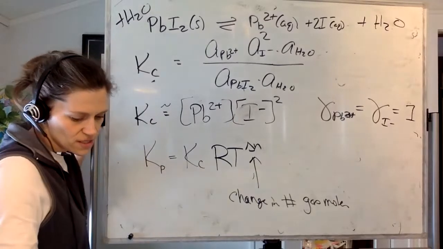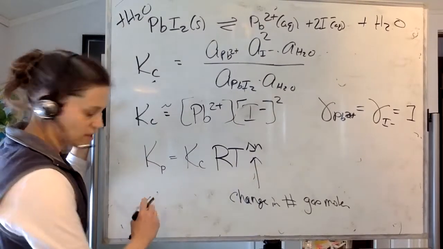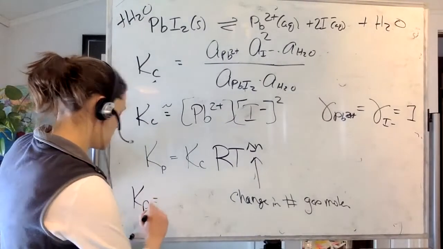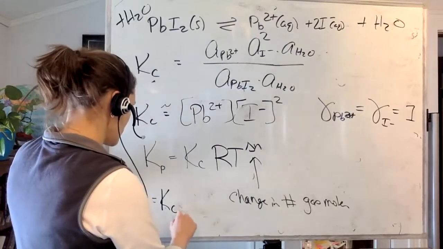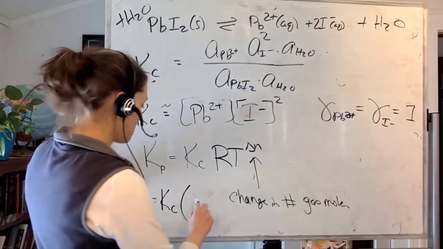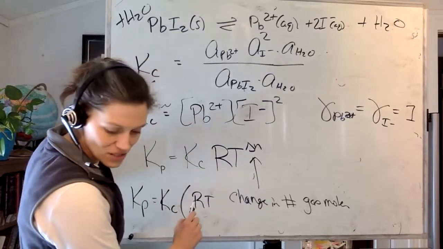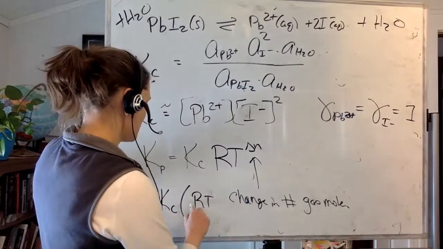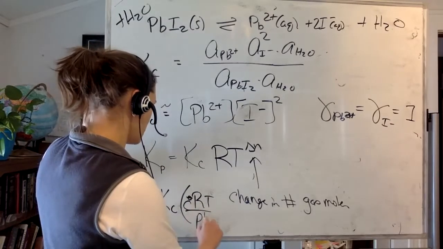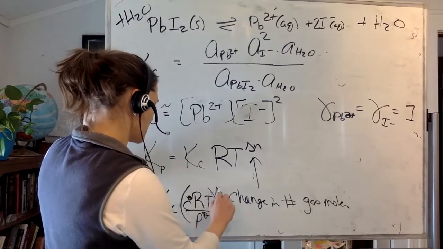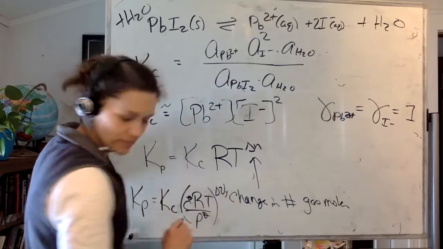And so what this says is you've got K sub P is equal to Kc multiplied by RT. And actually, this is the Atkins notation, C standard divided by P standard to the delta N.